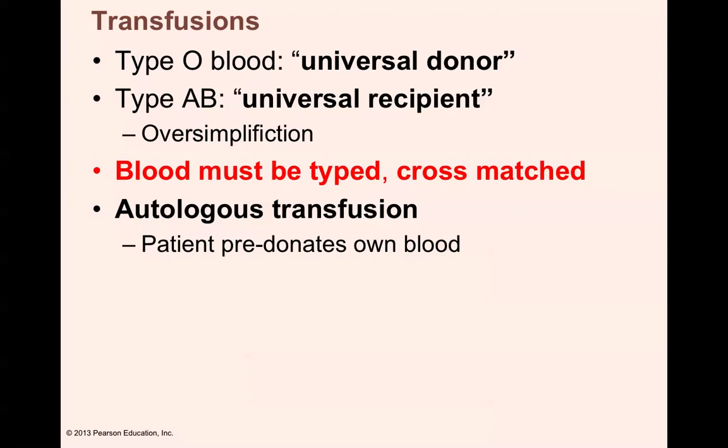An autologous transfusion is the best. If somebody knows they're going to go through a surgery where they're potentially going to be losing a lot of blood, they can pre-donate their own blood, and a period of time later their body's able to replace all those blood cells, and then they can receive their own blood. That's called an autologous transfusion, where there's no chance of rejection.